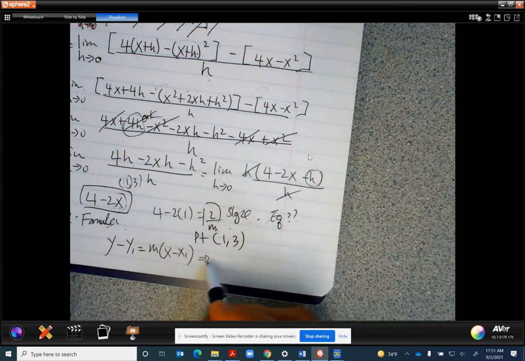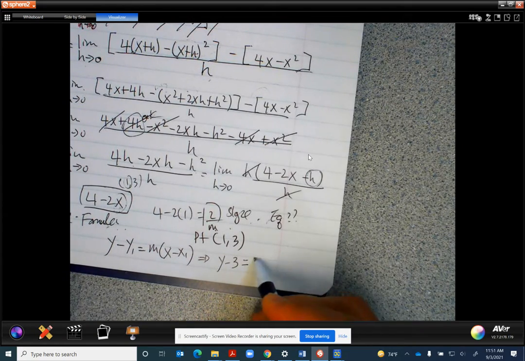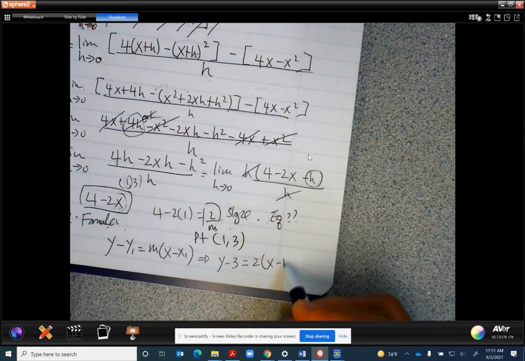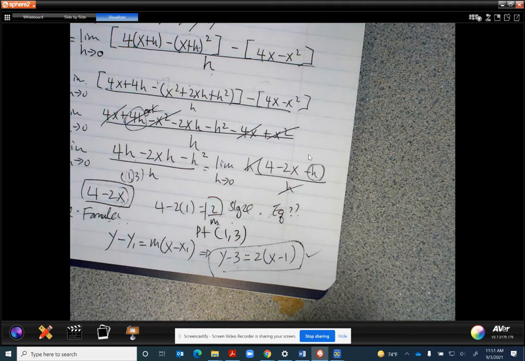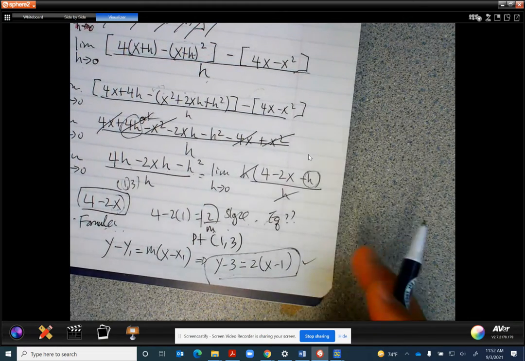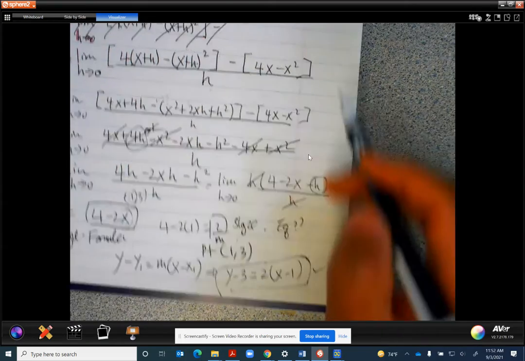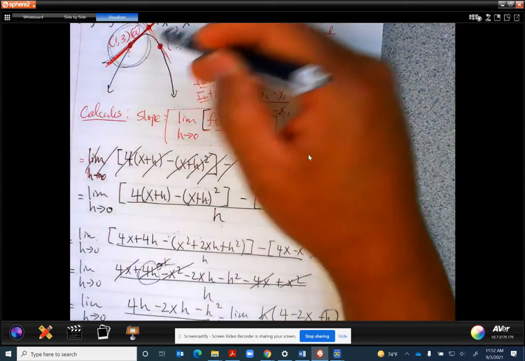So this is y minus 3 is equal to 2 times x minus 1. And then you simplify this, right? And then you'll get an equation of that first line. This is just the first part right here, part A, which is this line.